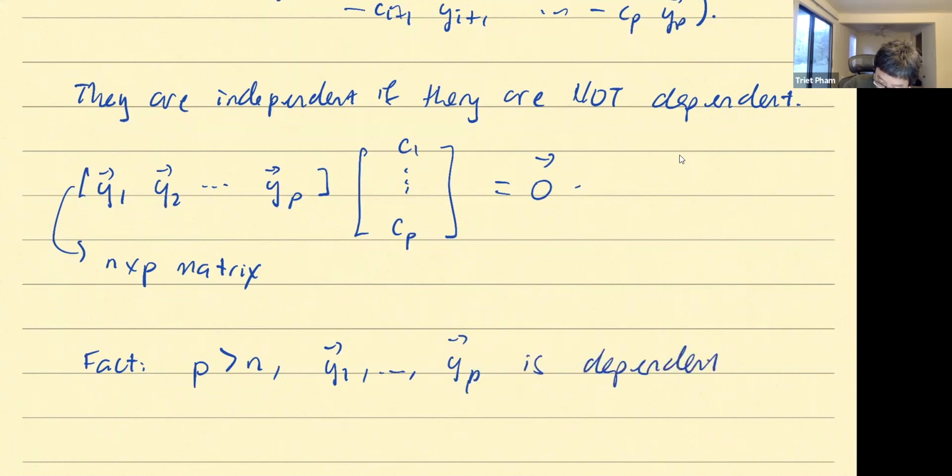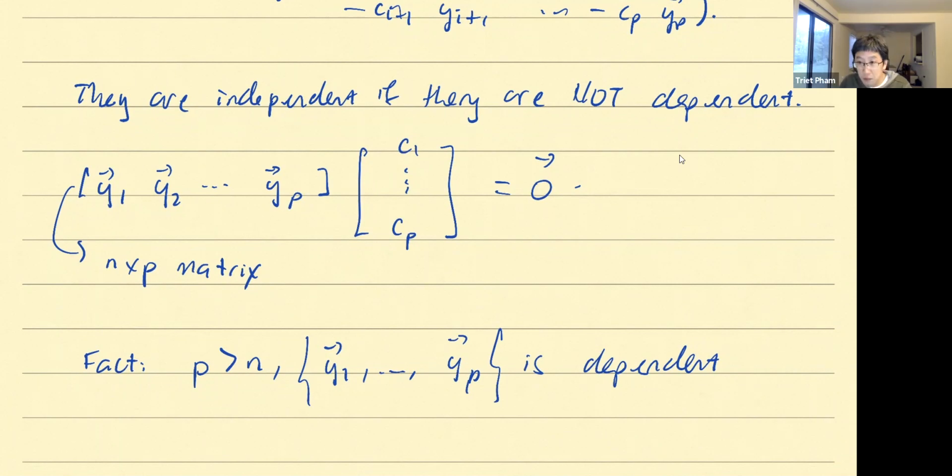In other words, the biggest independent set you can get in an n-dimensional context is a set of size n. And actually, that's called a basis for the vector space Rn.